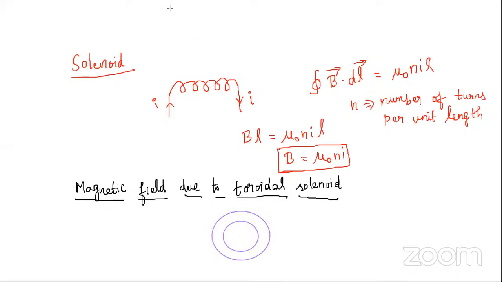Here you will have wire wound over the solenoid, like this. It looks like a solenoid bent in a circular shape, with the wires wound over it.